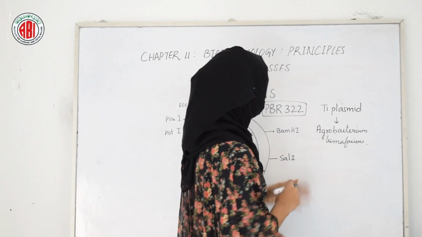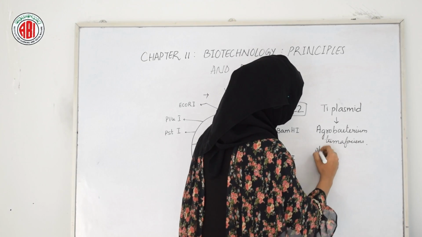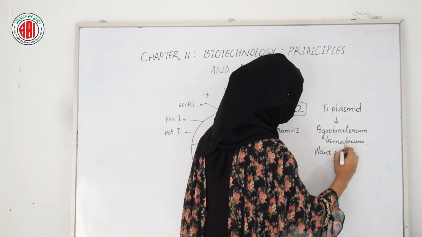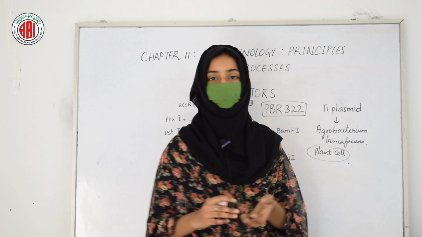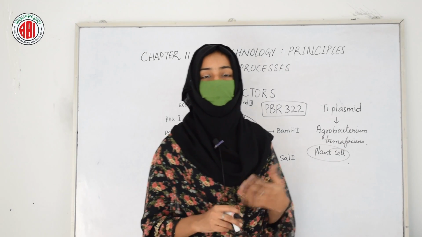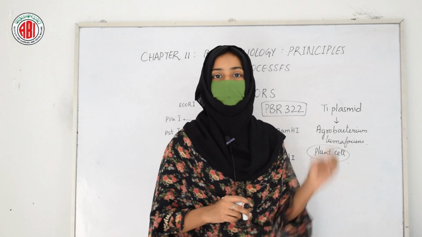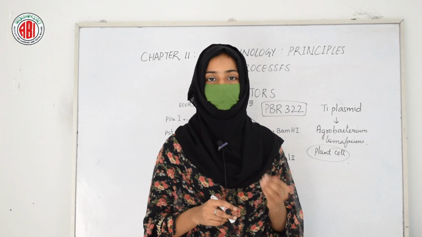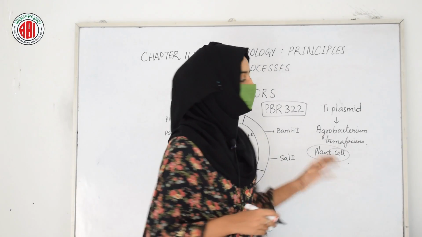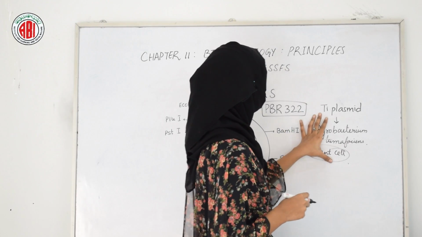So here we can only use the plant cell as a host cell or transformant cell, because a tumor is a condition where the cells are continuously dividing. In this way, the DNA which is inserted stimulates or induces the cell division. So this is about the plasmid called Ti plasmid.